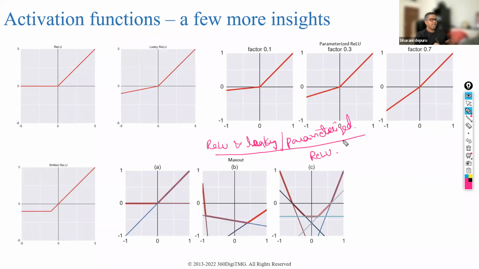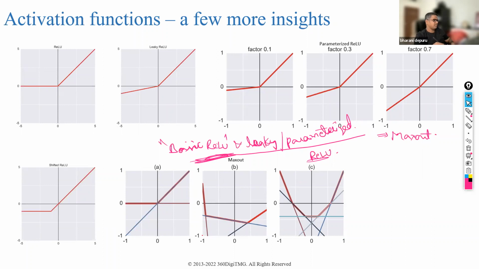When you combine leaky ReLU or parameterized ReLU with basic ReLU, that is, I'll call this basic ReLU, then you have leaky ReLU and parameterized ReLU. If you combine the basic ReLU with either leaky ReLU or parameterized ReLU, then it will create a new activation function which is called the maxout activation function.